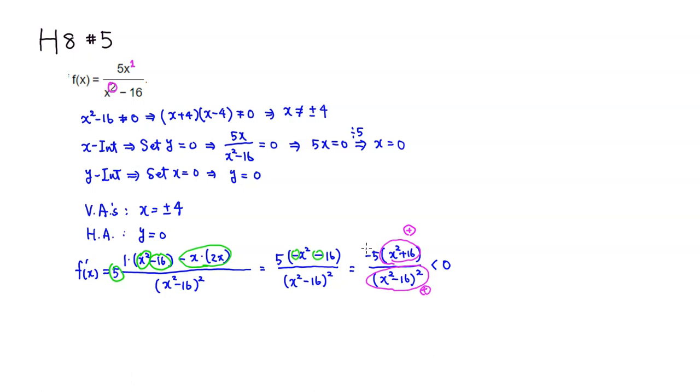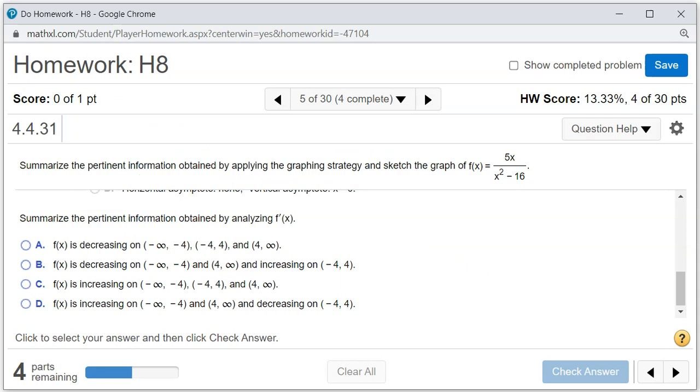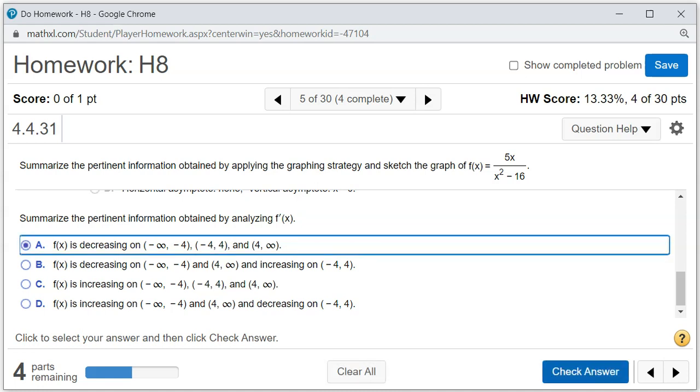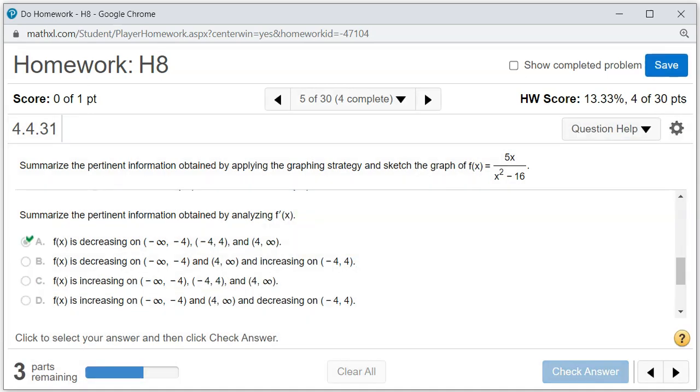So the original function f is always decreasing, except at x equals positive 4 and negative 4, which are eliminated. A is the correct answer.